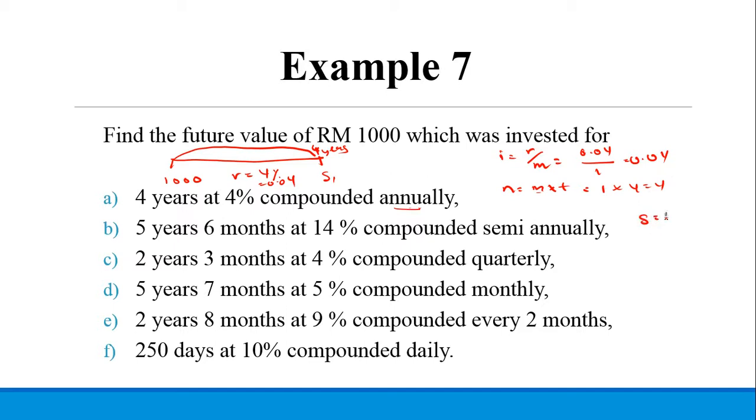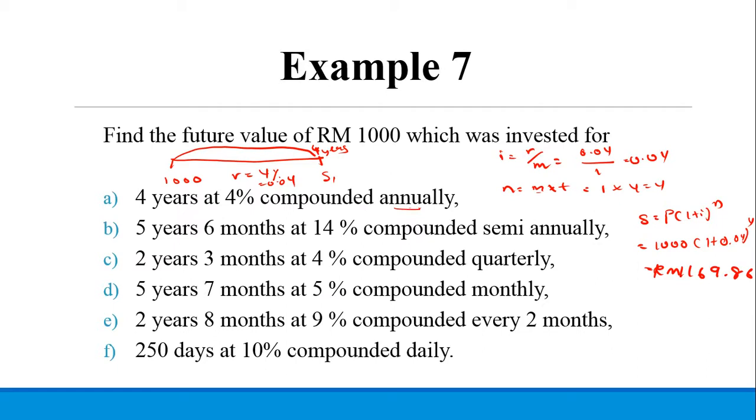So S equals P(1 plus I) to the power of N. P is 1000, I is 0.04, N is 4. So you will get RM 1169.86.